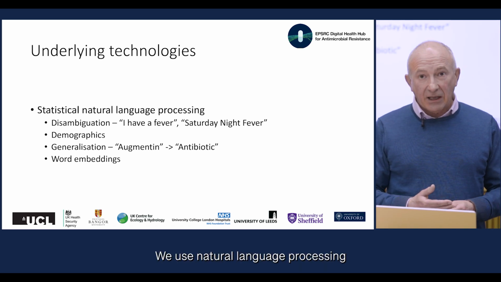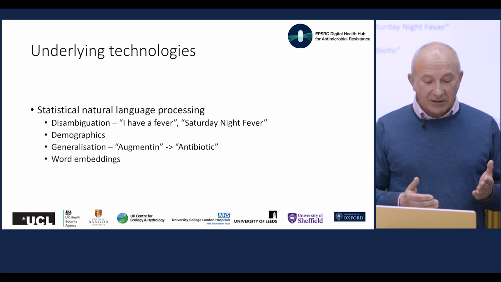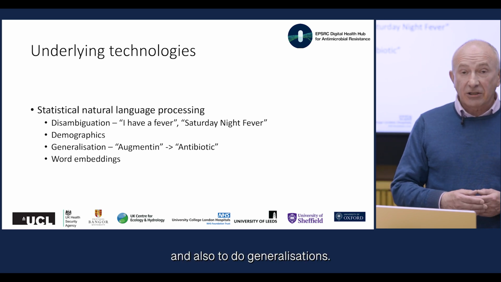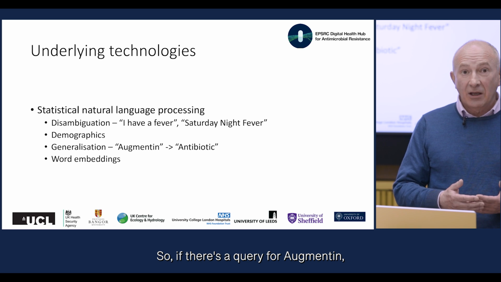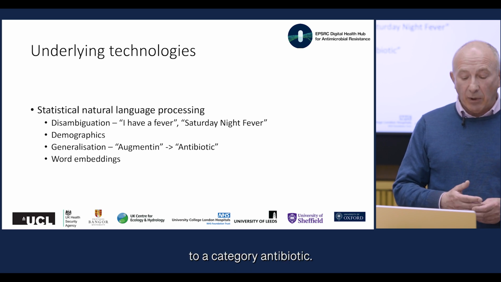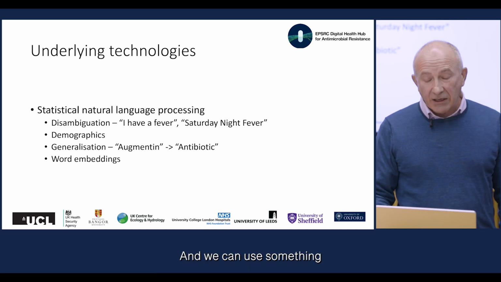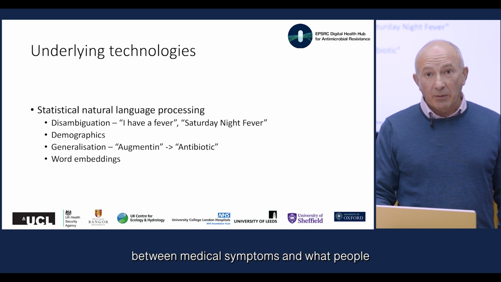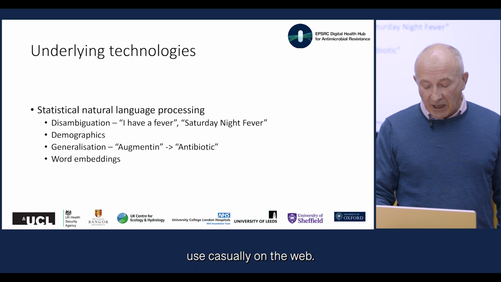We use natural language processing to acquire demographics and also to do generalization. So if there's a query for augmentin, we can assign that to a category antibiotic. And we can use something called word embeddings to allow us to determine synonyms between medical symptoms and what people use casually on the web.